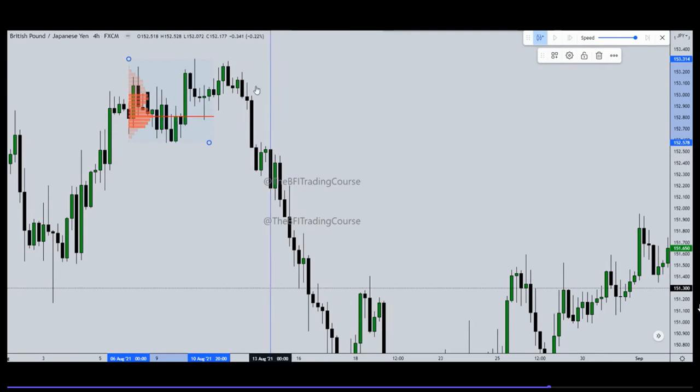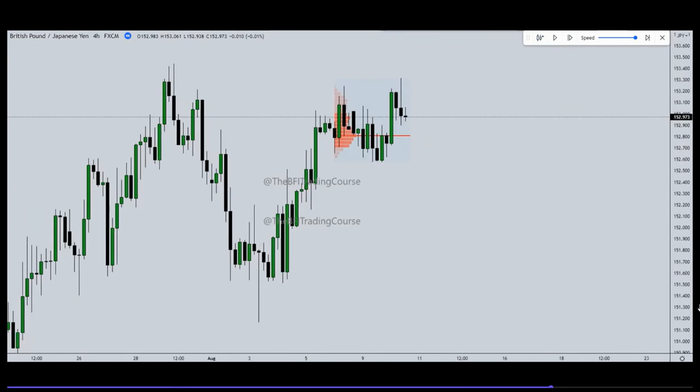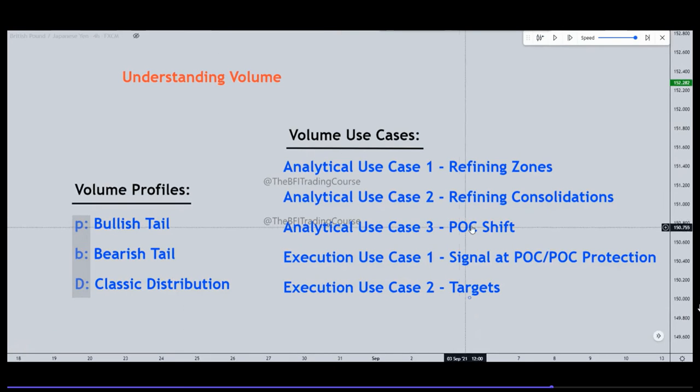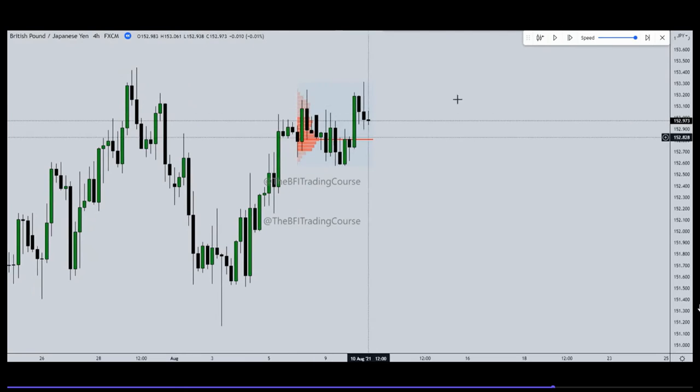Now let's say here we are. Right here. Remember, what are we going to discuss now? POC shift. Here is the level with the highest volume.